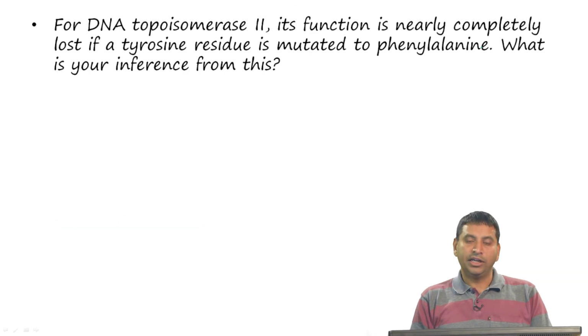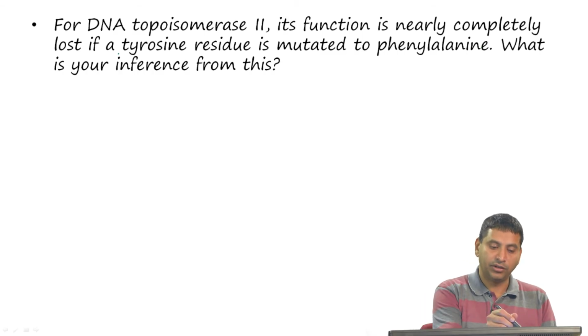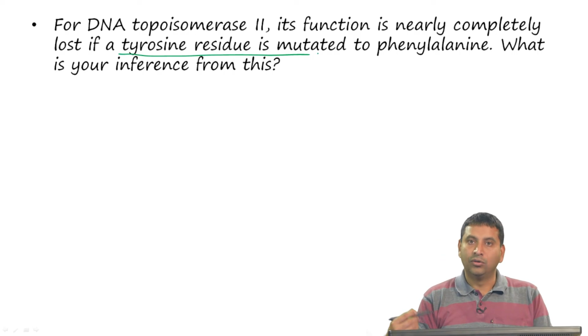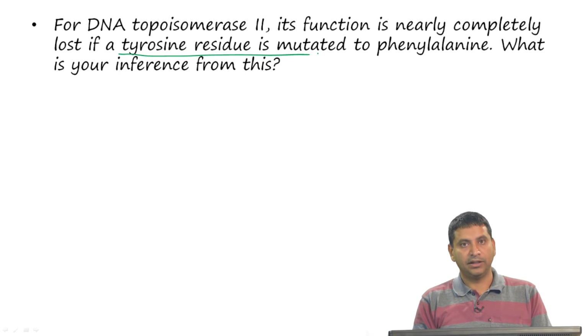Okay. For DNA topoisomerase II, its function is nearly completely lost if a tyrosine residue is mutated to a phenylalanine. What is your inference from this? So, going along with what we have looked at in the previous classes, the way in which we would understand the function of a protein, in this case DNA topoisomerase II, would be to carry out what is known as site directed mutagenesis.